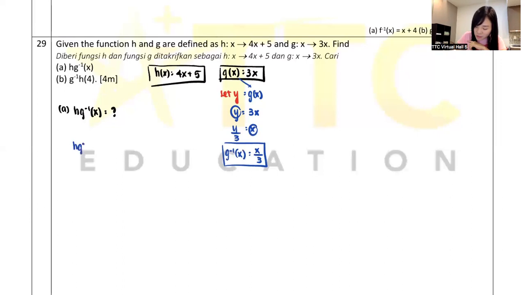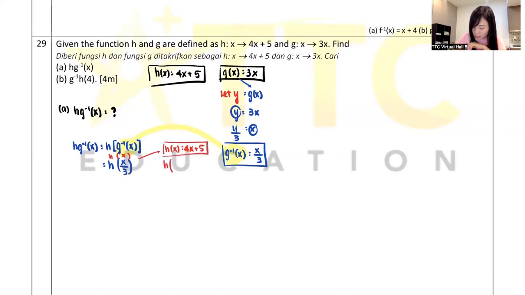So now, I think I can do it. How do I do hg inverse x? I repeat again, your first step is always separate for composite function because you cross one by one. And then you always start from the inside one. The inside called g inverse x, and the question already tells me it is x over 3. Until here, you cannot open bracket because this is a name, and this name is called hx. So hx equation supposedly is 4x plus 5.